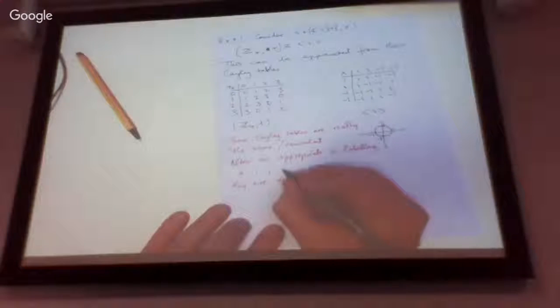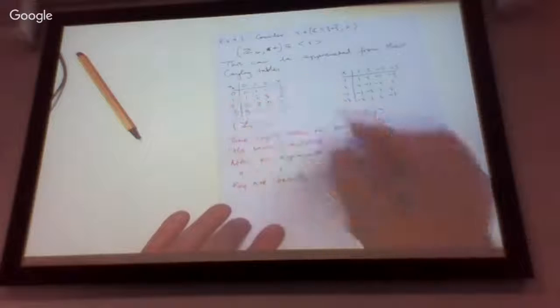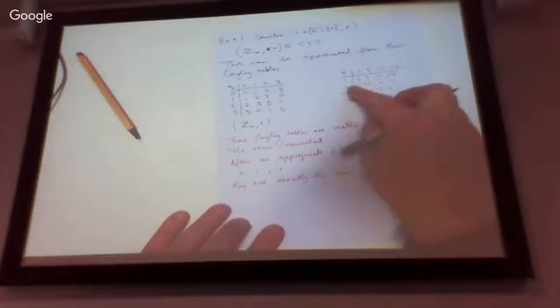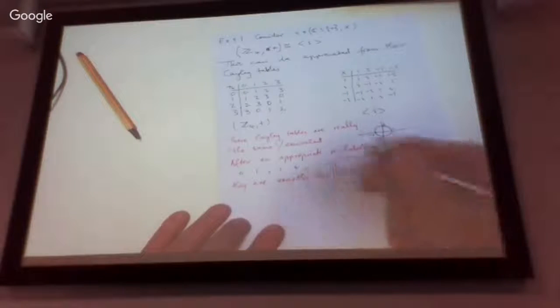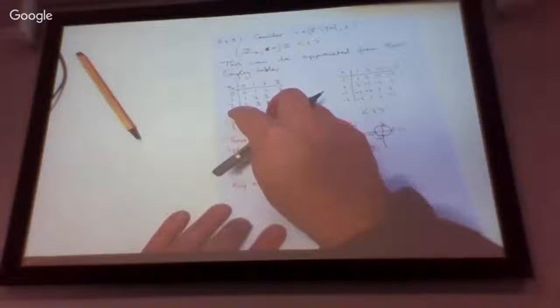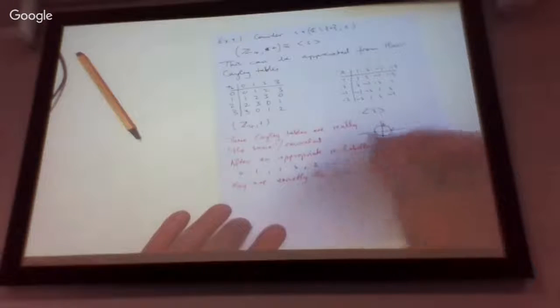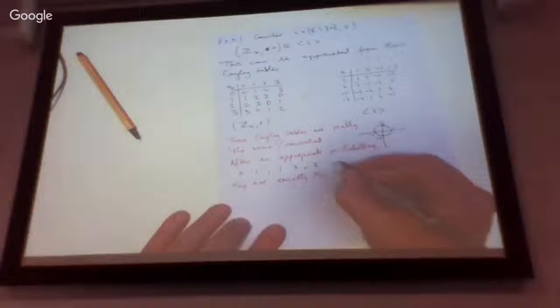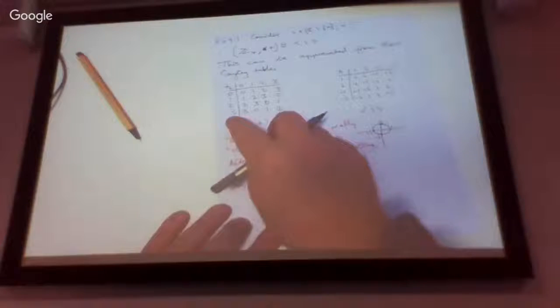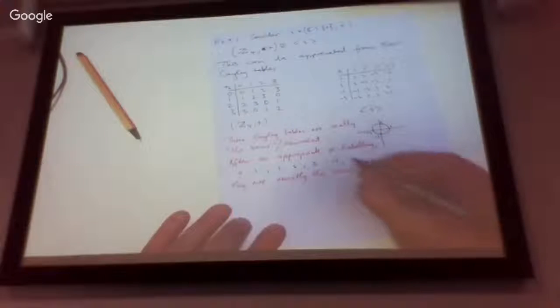Instead of the number 1 in Z4, we want to say that we're going to relabel that as i. And instead of the number 2 in Z4, we're going to relabel that as -1. And instead of the number 3, we're going to relabel that as -i.